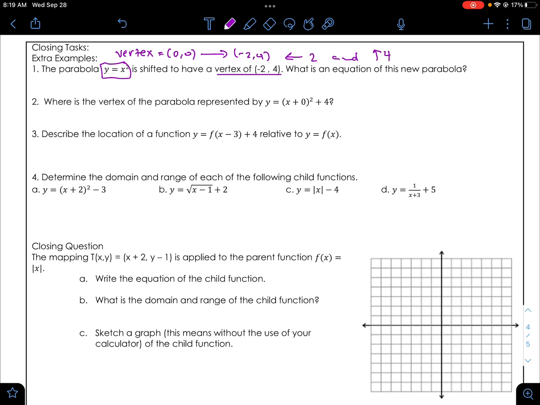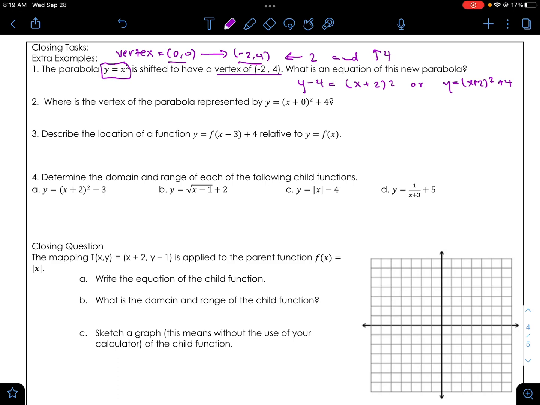So the equation for this would be y minus 4 equals x plus 2 squared, or y equals x plus 2 squared plus 4. Again, because we know that the vertex was 0, 0 and it shifted to -2, 4.